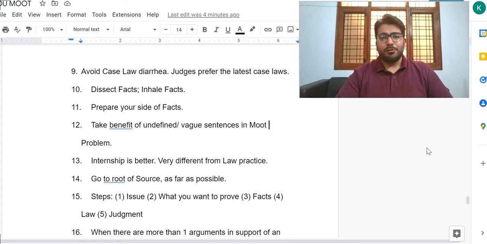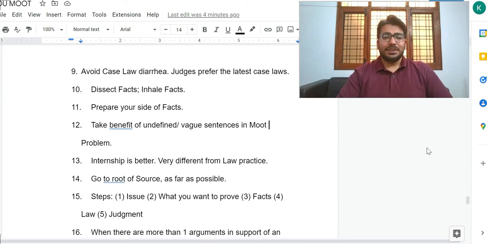Every single minute of a moot court competition is an opportunity for you to present your arguments, be it in the cloak of anything else. So even when a judge asks you to present the facts, always try to present them in such a way that they support your arguments.